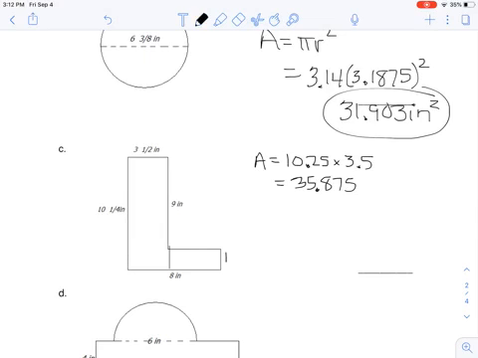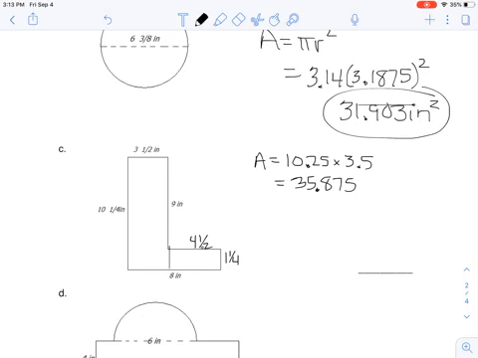So this is 1 1/4 inches tall. As far as the width goes here, we've got 8 inches, but we also know this piece. So if we subtract 8 minus 3 1/2, I should get 4 1/2.